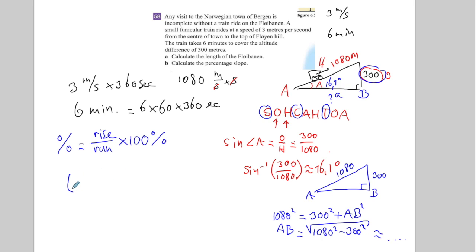So I could say the tangent of angle A equals the opposite divided by adjacent. In this case it is 300 divided by AB. And I know that my angle is 16.1 degrees, so tangent of 16.1 degrees equals 300 divided by AB.